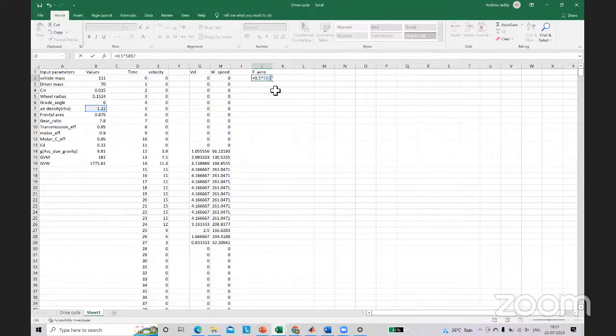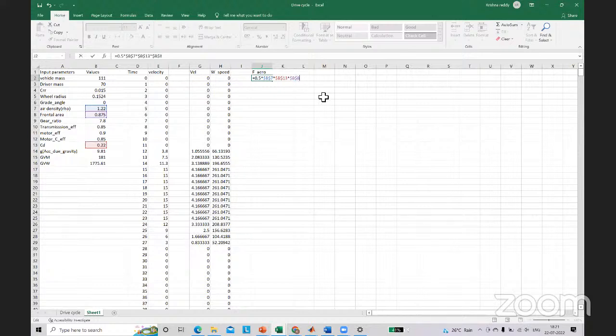Again multiply, bring a multiplication sign, and CD, dollar symbol, and multiply with frontal area, dollar symbol.